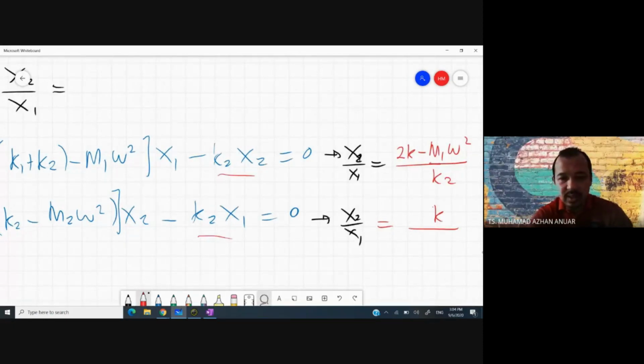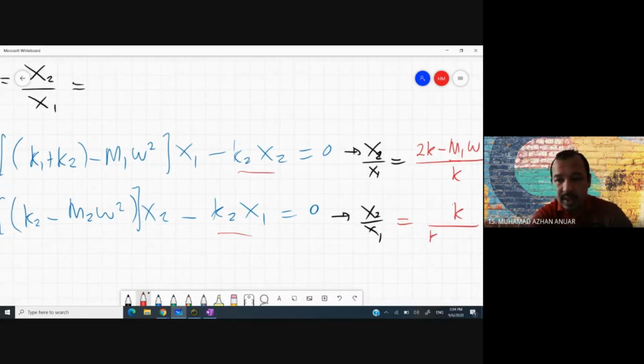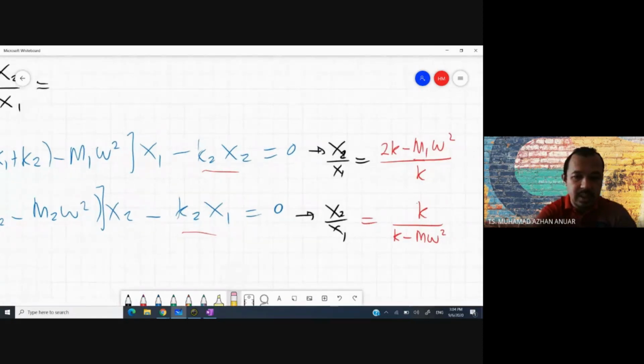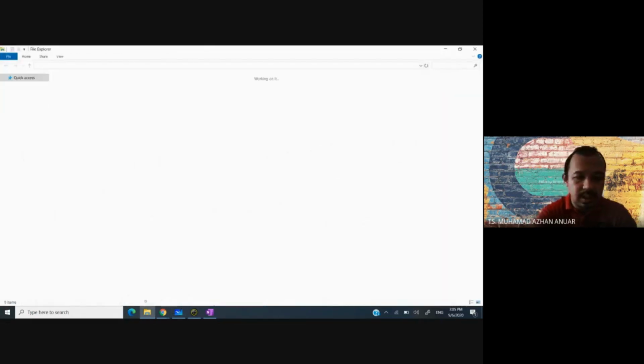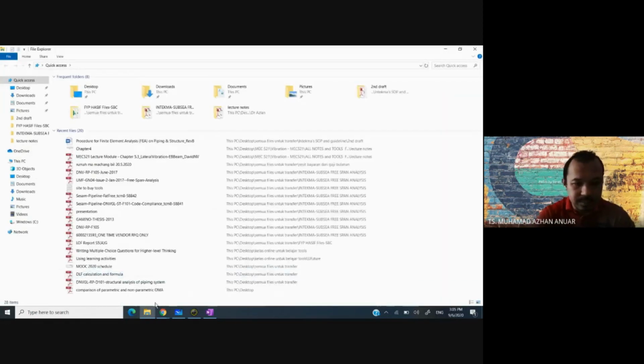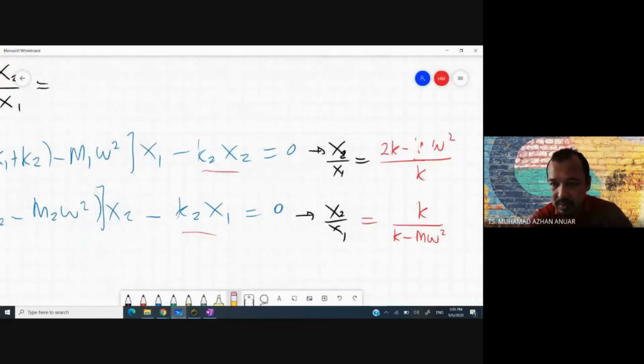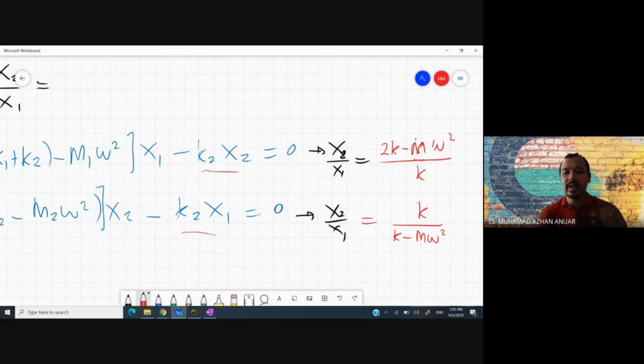So this is not k2, this is k. So k divided by (k minus m omega square). Again, this is not m1, this is m. We substitute everything as our assumption value. So that is the ratio.